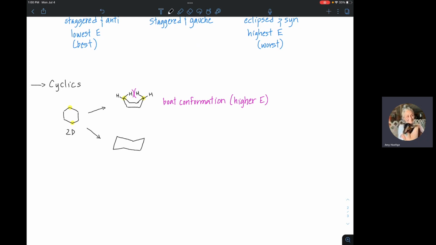Those hydrogens, again, on carbon 1 and carbon 4, have been moved into new positions.